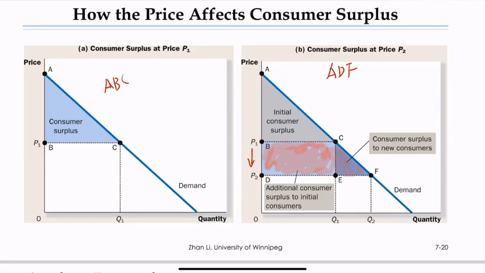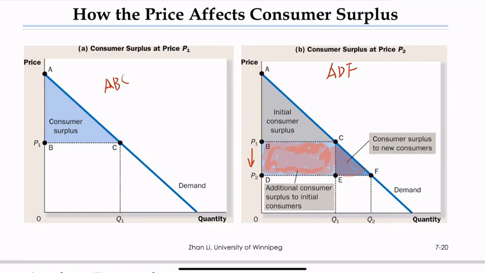And we actually have different reasons for this kind of increase. For this rectangle BDCE, right? You can see that this amount of increase is due to additional consumer surplus to initial consumers. What does this mean?